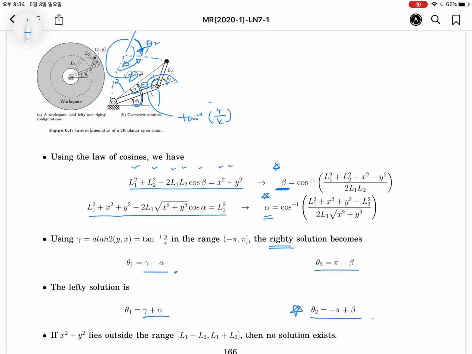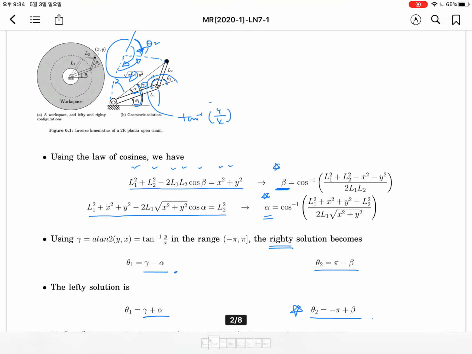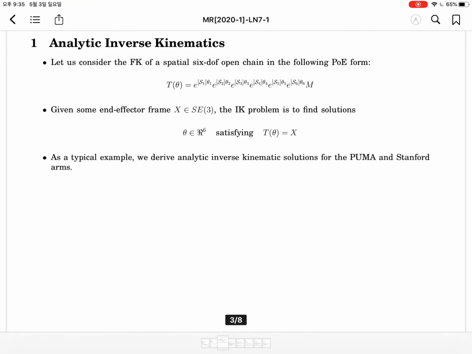In this case, a negative value will be obtained. On the other hand, if the end point lies outside the range of the workspace, then there is no solution. That is called a singularity.